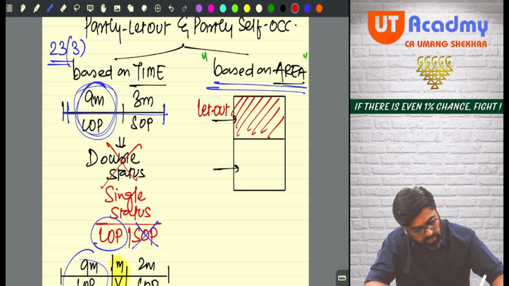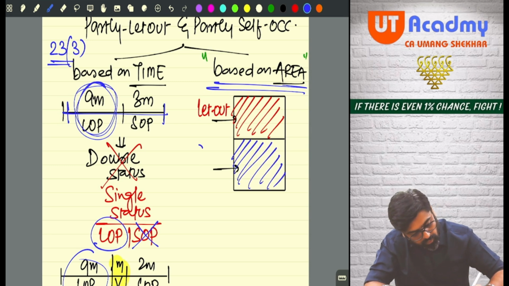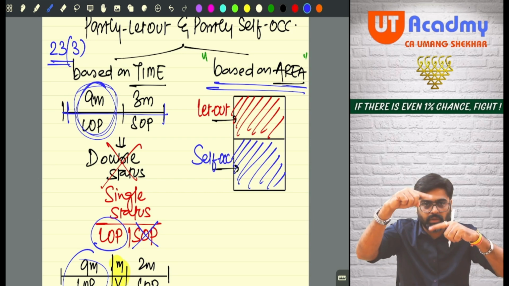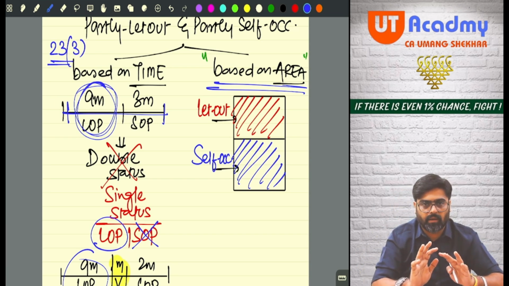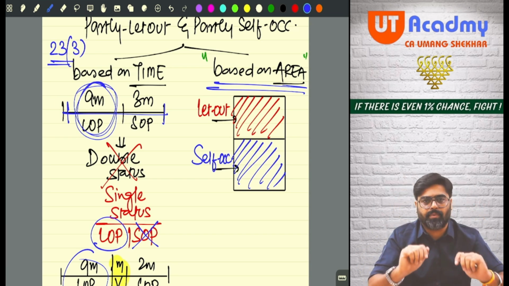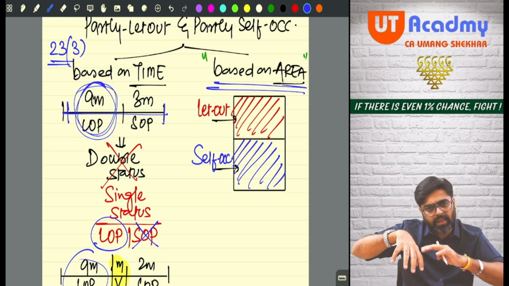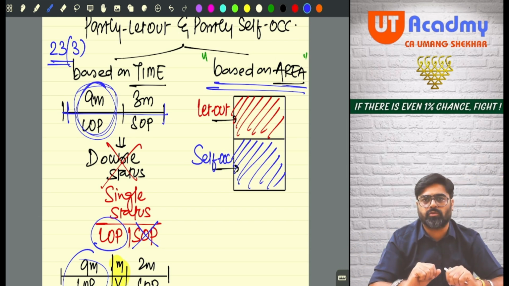And this ground floor was self-occupied by me, sir. And both the parts of the property are equal in area. Whatever area is there for the self-occupied portion, equal area is for the let out portion also.